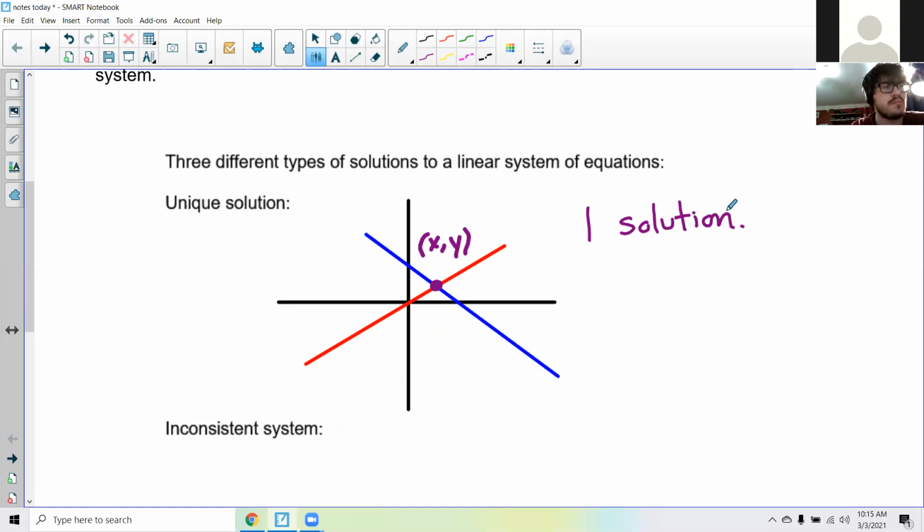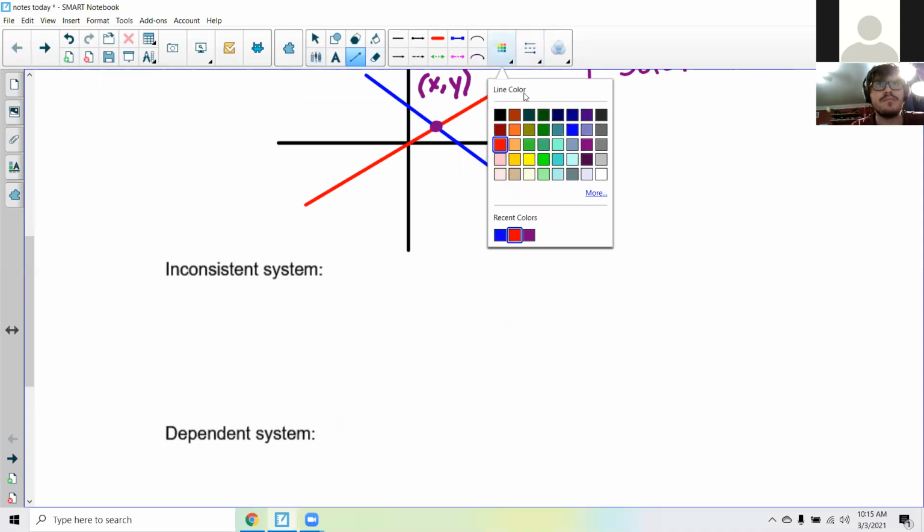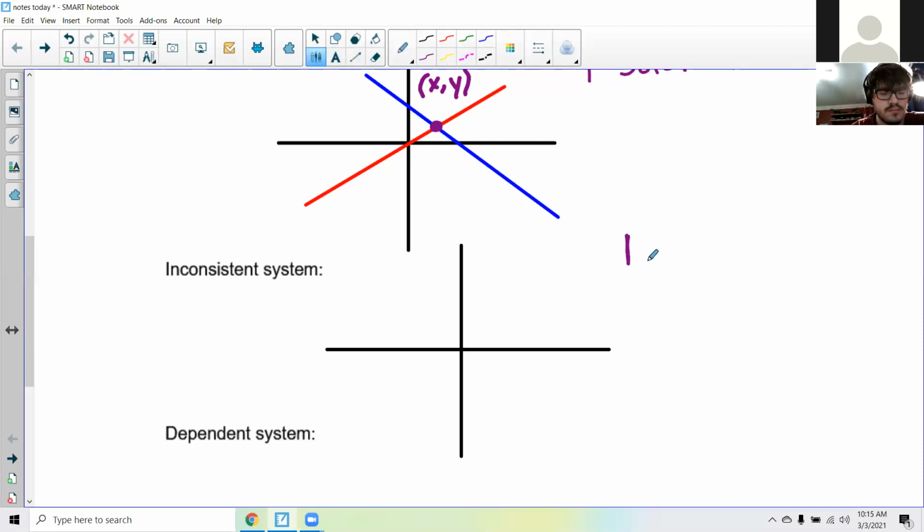Now you can have what we call an inconsistent system that has no solutions.